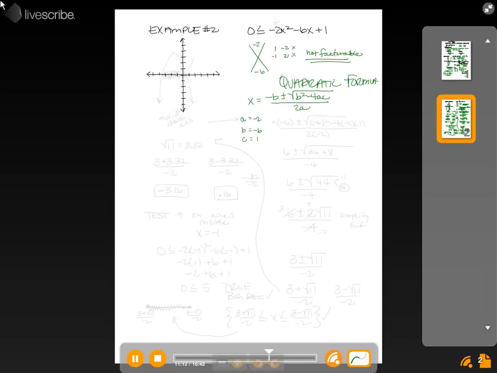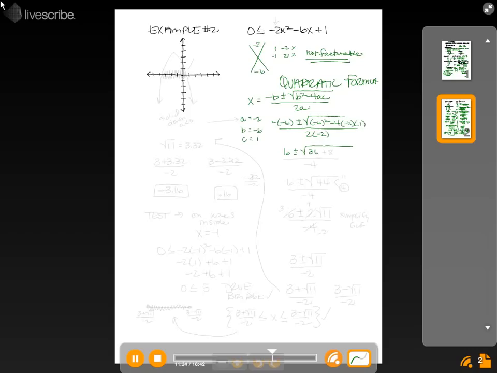So as we plug these values in, a negative 6 plus or minus the square root of negative 6 squared minus 4 times negative 2 times 1 all over 2 times negative 2. Well, a negative 6 is positive 6 plus or minus the square root.